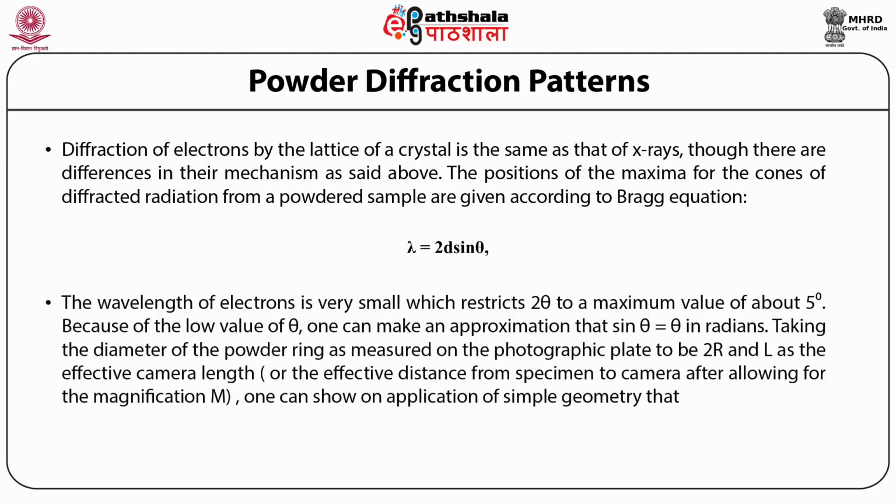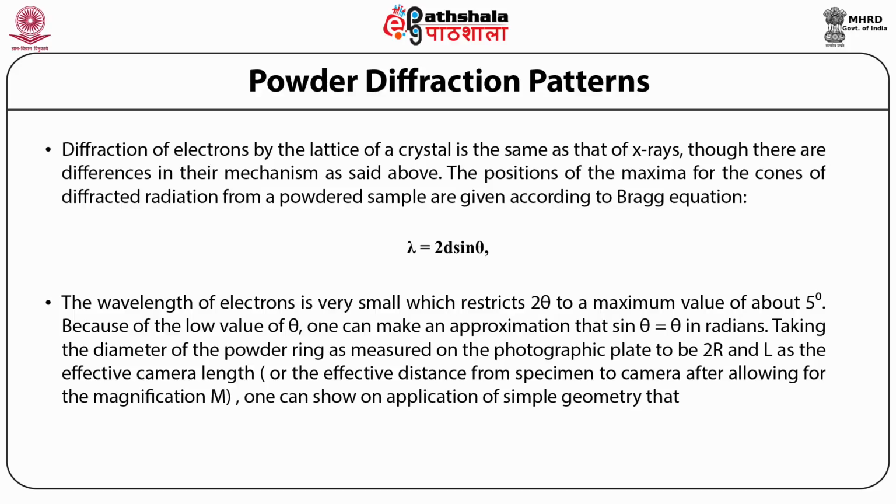The wavelength of electrons is very small, which restricts 2 theta to a maximum value of about 5 degrees. Because of the low value of theta, one can make an approximation that sine theta is equal to theta in radians.